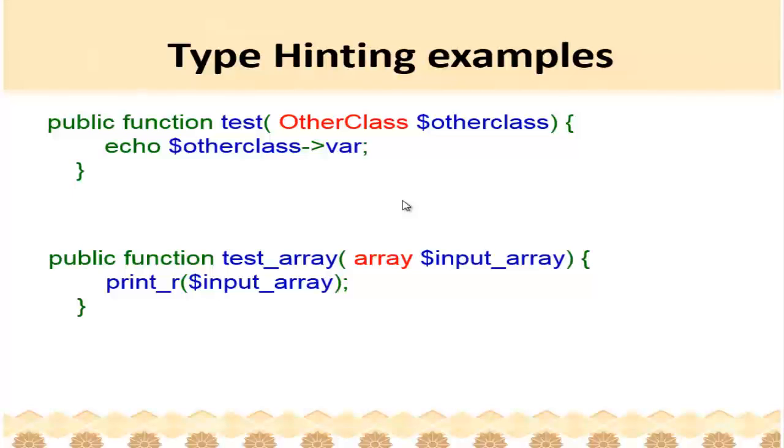In PHP, there is no data type, but you can use this to restrict the interpreter from accepting very different values. This is how you can tell the interpreter that I expect you to take only an object of the other class. If somebody supplies a Student here, do not accept it because I expect the data type to be the other class.